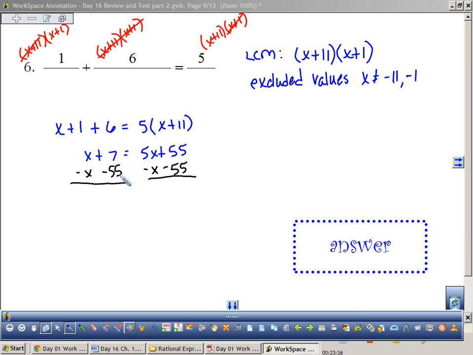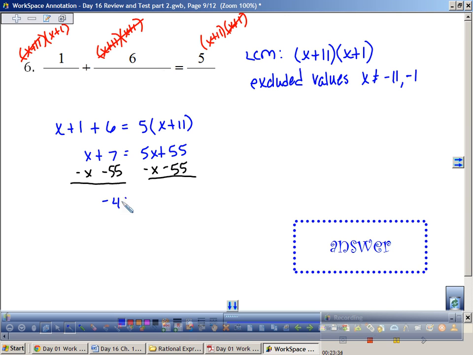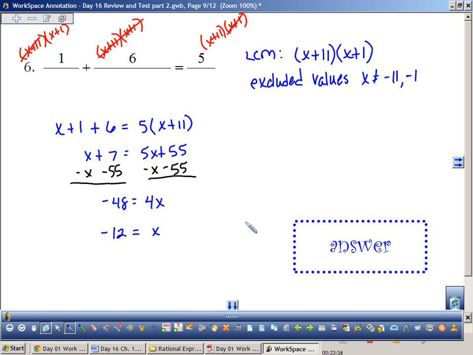So, what is negative 55 and positive 7? Negative 48 equals 4X. So, if 4X is negative 48, how much is 1X? Negative 12. Is negative 12 one of my excluded values? Nope, so we're good.